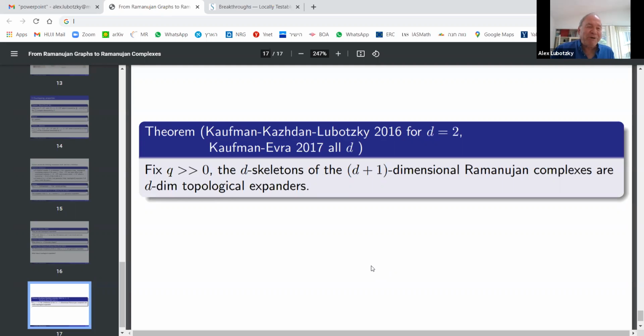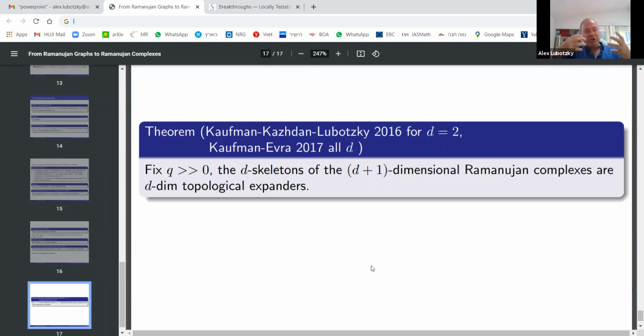It turns out that this is possible, in a way, by the same reason why Gromov's theorem is correct, why Ramanujan complexes exist. You see, the feeling, let me say another philosophy. The feeling already with Ramanujan graphs, but much more so with Ramanujan complexes, is that on one end, these objects behave like random.